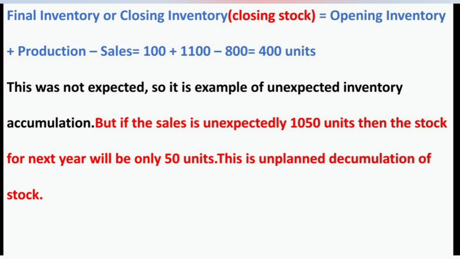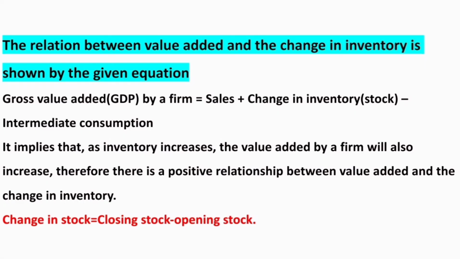Regarding unplanned accumulation, increase in stock, the whole world has experienced it during COVID-19. Almost all the firms in the world experienced unplanned increase in stock. There is a direct relation between the value added method of measuring national income and change in stock.